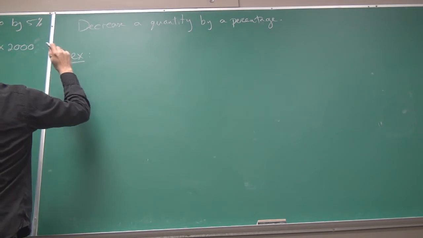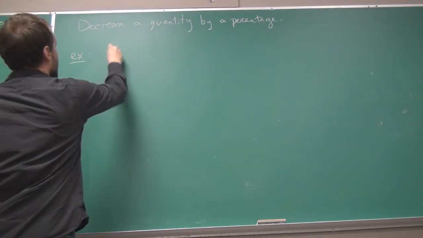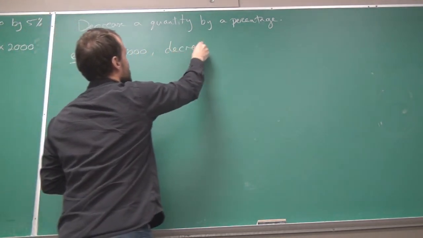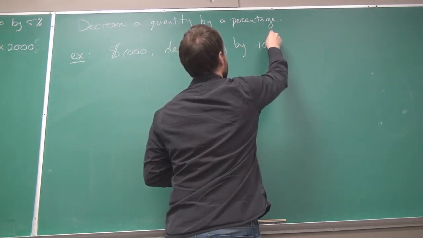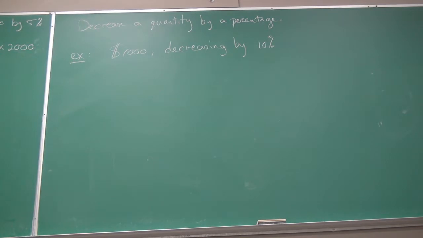So let's do a very similar example and say I have $1,000 and I'm decreasing it by 10%. It's nice in the beginning to just take familiar, comfortable numbers like 1,000, 10. Though it doesn't matter what they are. What is my new amount?